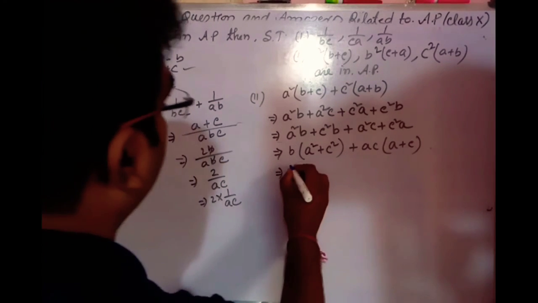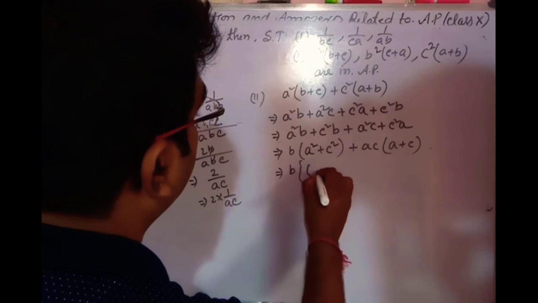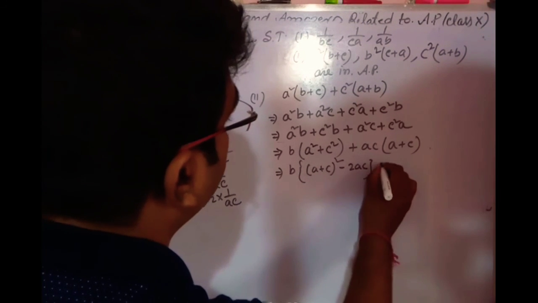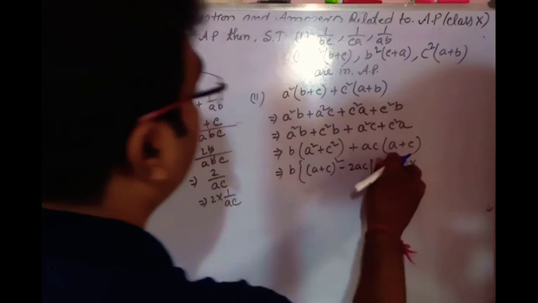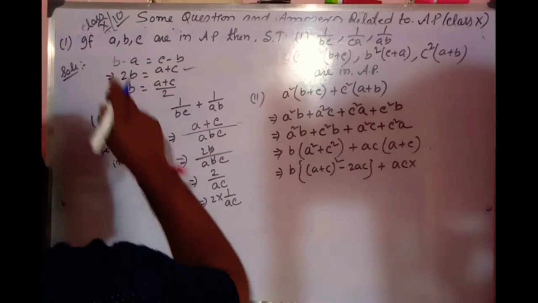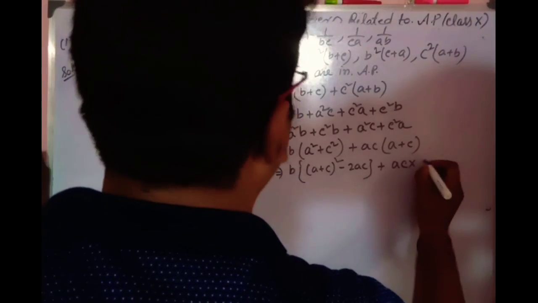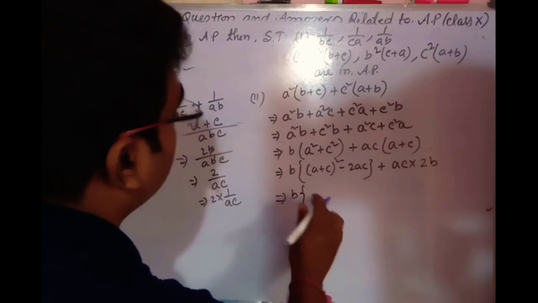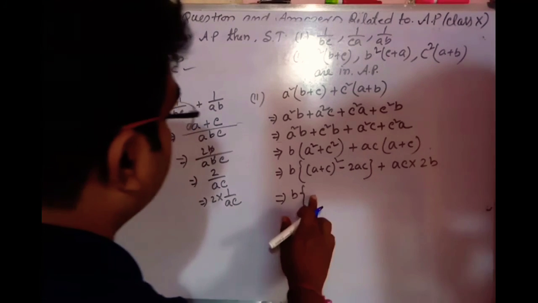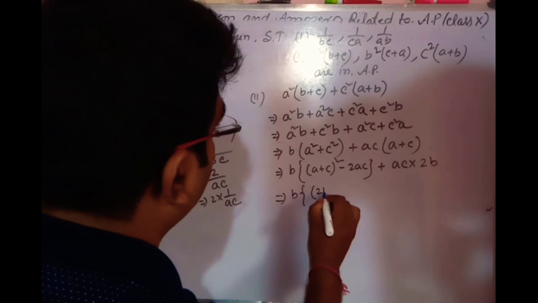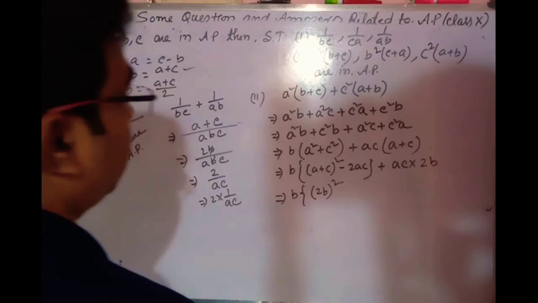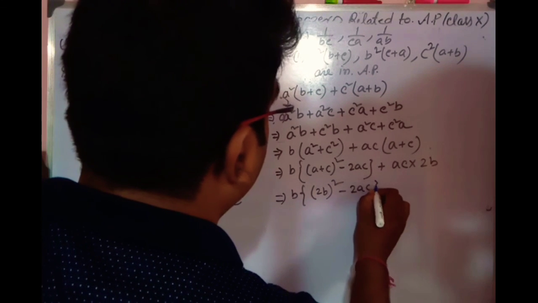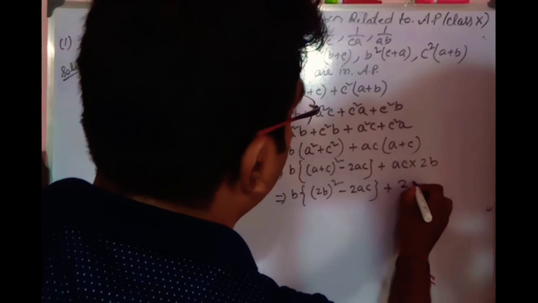Now B into this can be written as A plus C whole square minus twice AC. This is AC into the value of AC is equal to how much? A plus C is equal to 2B. Writing B into A plus C whole square, that is 2B whole square, minus 2AC, plus this is 2ABC.